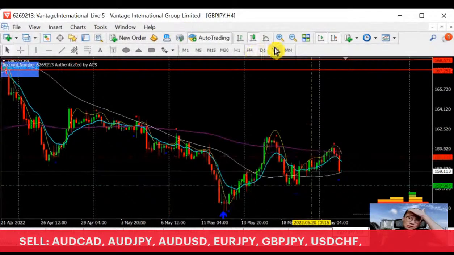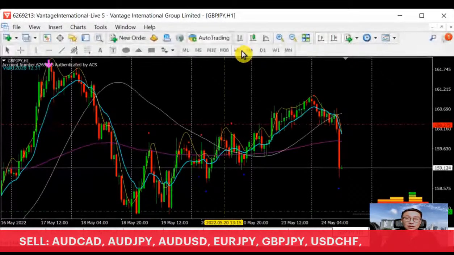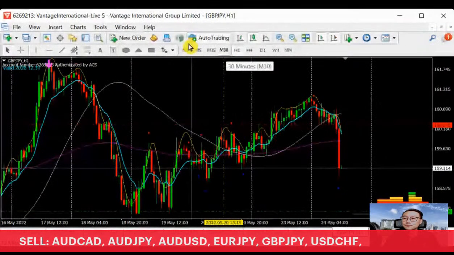If this is going back into the selling, I will say that probably we still have a chance to sell. But again, we still have to identify and look carefully at the situation before we enter a trade for selling. For me, I'm going to take a break today.